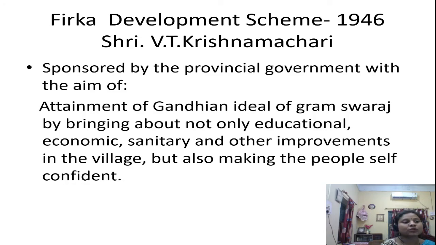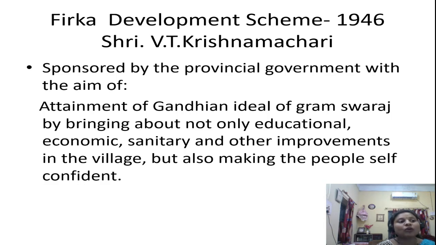Moving on to the next program, that is the Firka Development Scheme, where the development initiatives were taken by the then established provincial government known as the Madras Province. The Firka Development Scheme was supported by the then established government in the southern part of India, that is, the Madras Province.